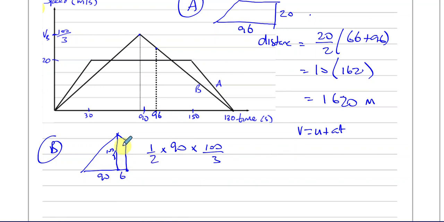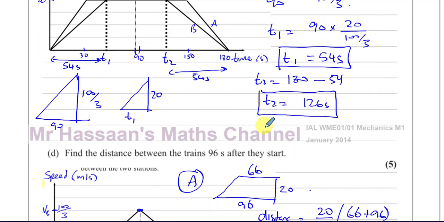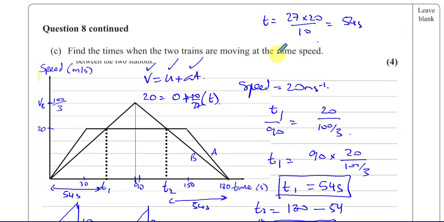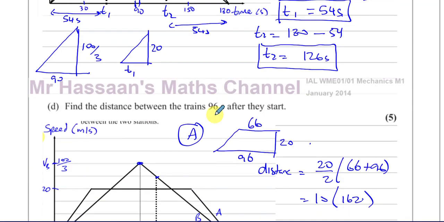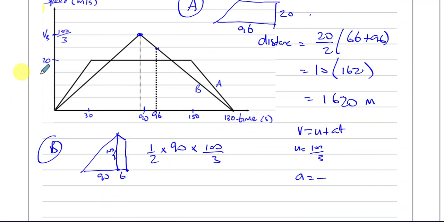So we can say that if we take the initial velocity as 100 over 3, taking the initial velocity here and the final velocity there, we know the acceleration is negative because it's decelerating. The acceleration of this part is negative 10 over 27. It's decelerating. And we know the time is 6 seconds.